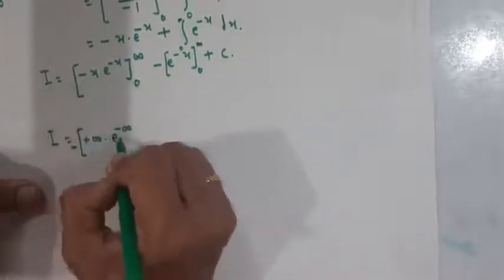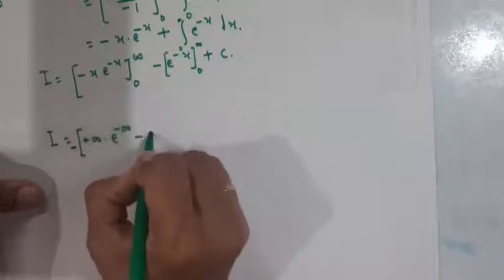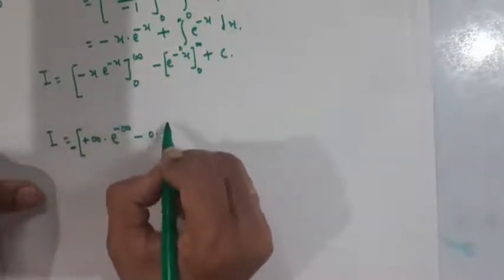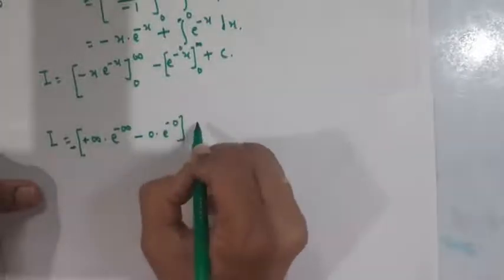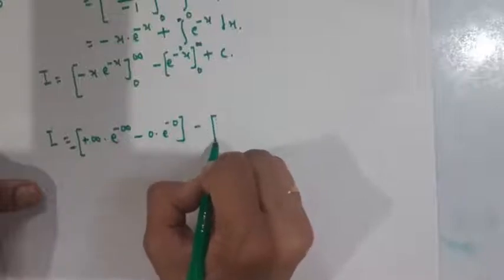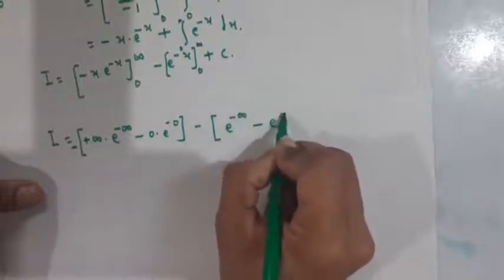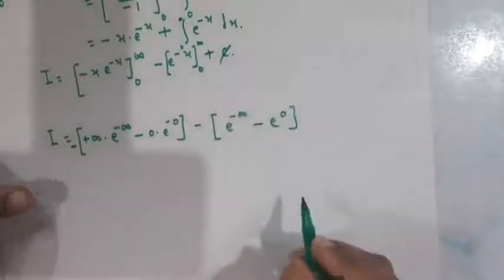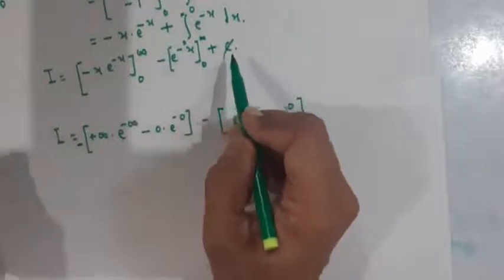So x is infinity, e raised to minus infinity, minus the value of x is 0, 0 into e raised to minus 0. That will be 0. Minus, the minus here, e raised to minus infinity minus e raised to 0. In case of definite integration, don't write the constant of integration.